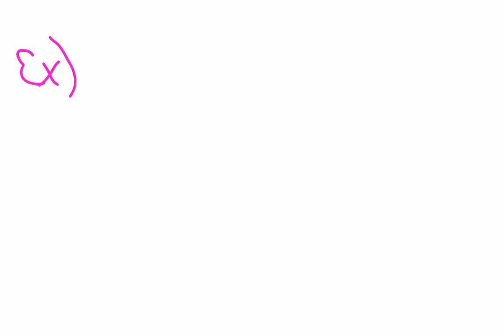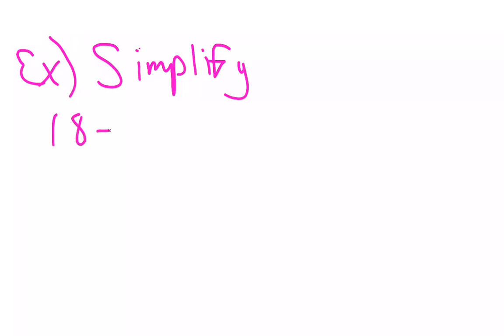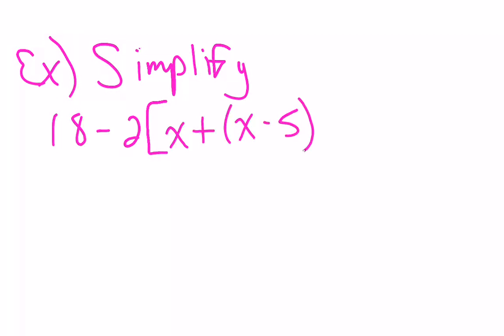Last example says simplify 18 minus 2 times x plus x minus 5 in the bracket. We have a lot of parentheses in here, which is totally fine.